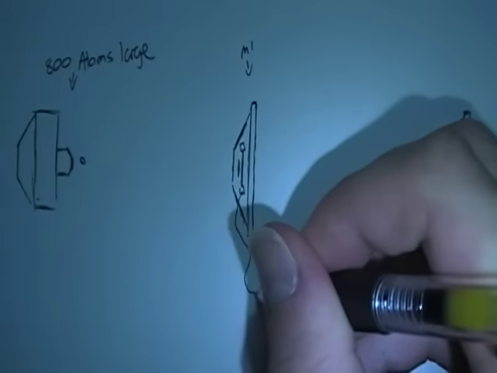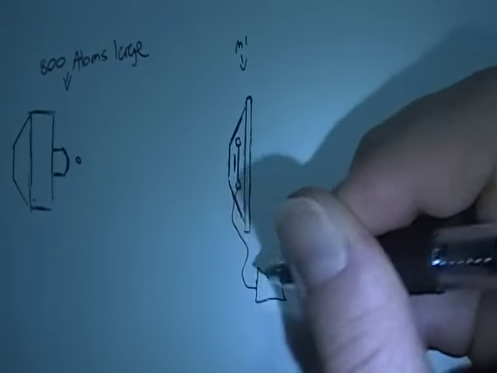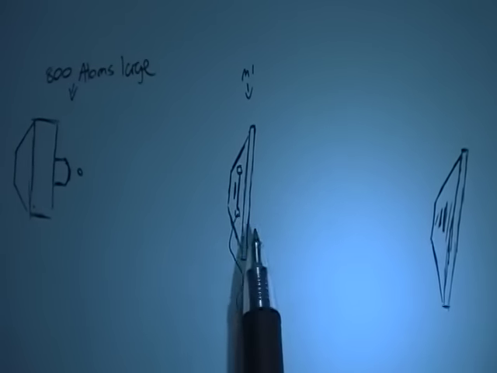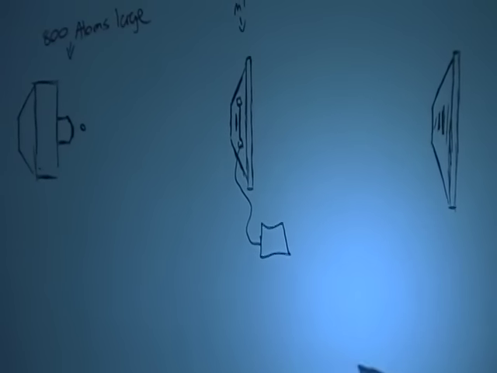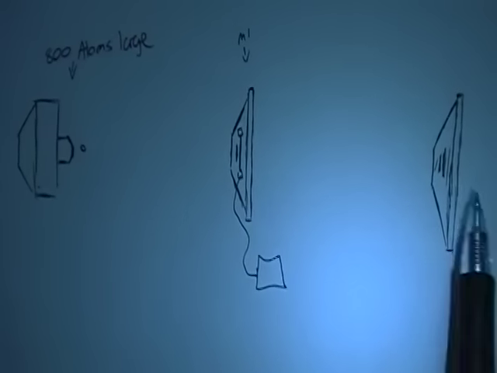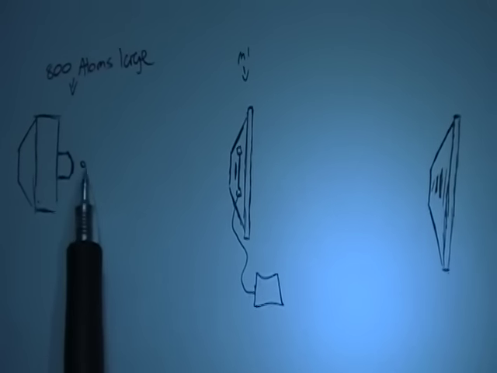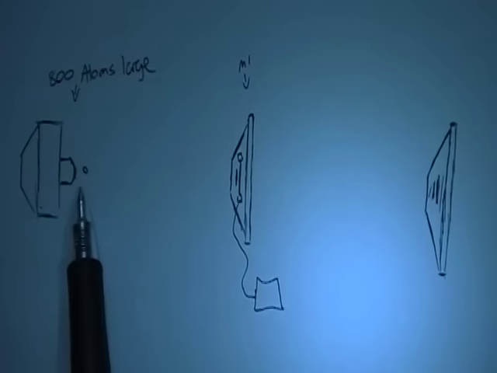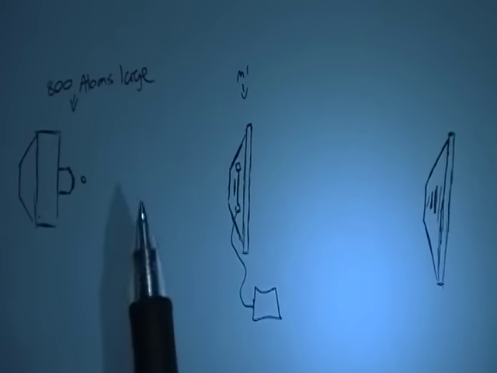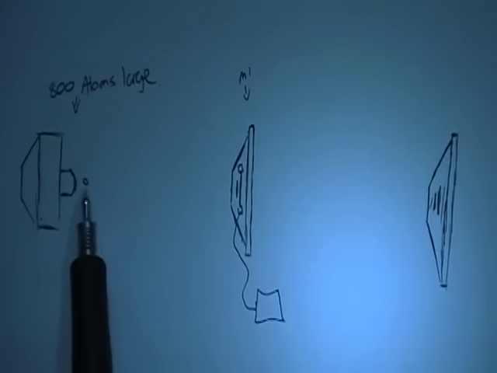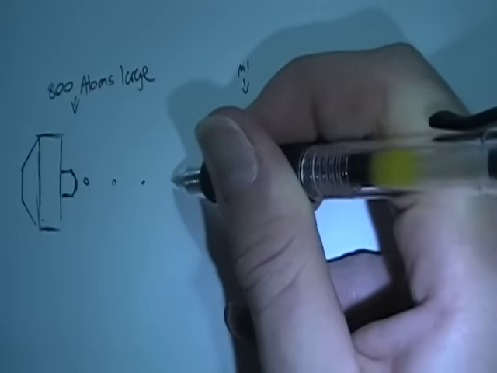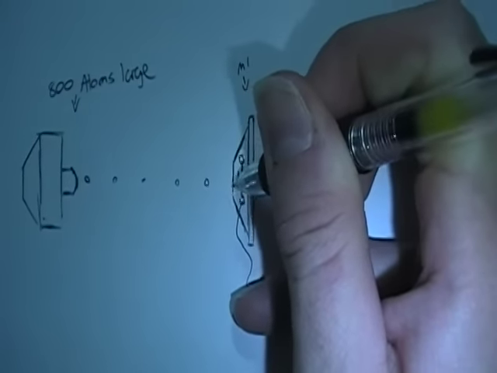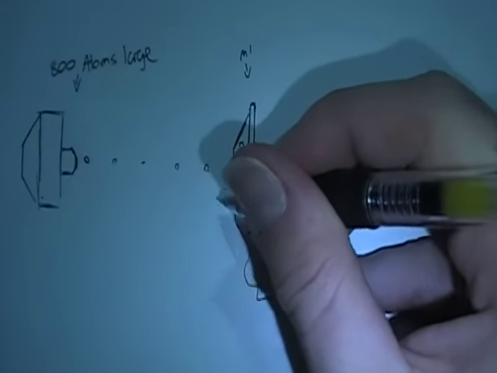Okay, so let's say we have a little monitor here, which tells us if something's detected or not on slit B. So let's assume we're running this experiment over and over. Every time we run it, we just send one of these 800 atoms large molecules through the experiment. So let's say we send one through, and let's see, it goes through here, and it just hits this slide and bounces off.